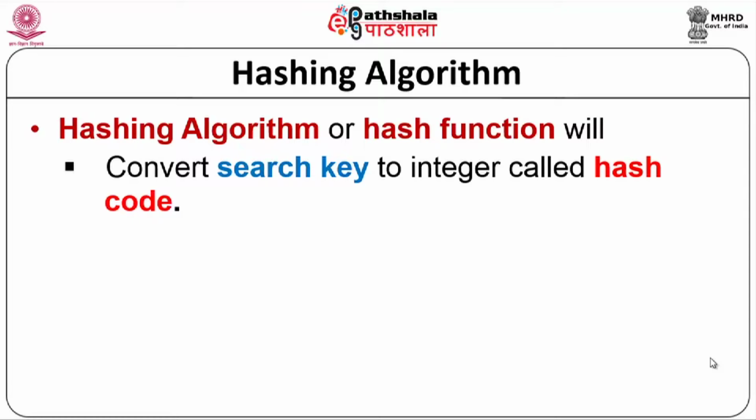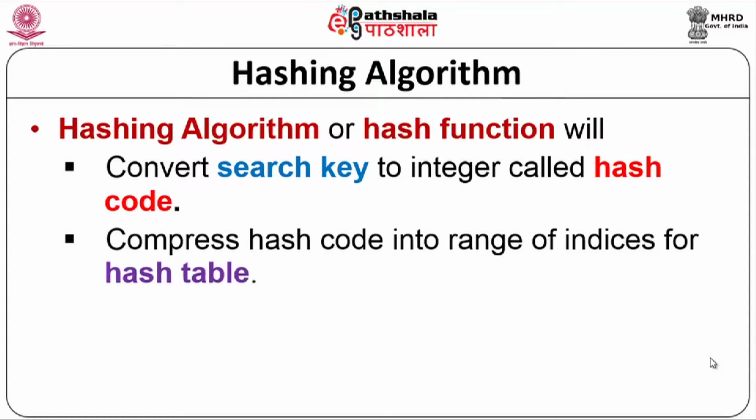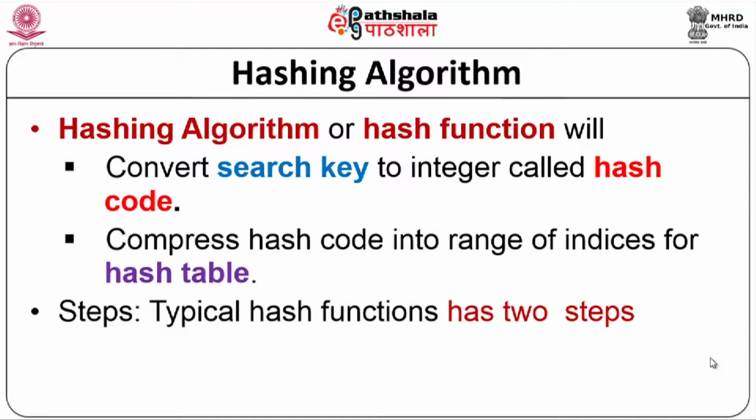Then you compress the hash code into a range of indices for the hash table. So, we are dividing the hash function into two parts: hash code and compression code. The typical hash function has two steps.